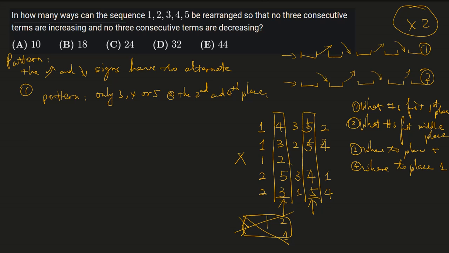And now we can split the problem into even finer subcases. So that will be, we have 4 and 5 at second and fourth place. Or we have 3 and 5. Or we have 3 and 4 at these two places. Now we can check them one by one.